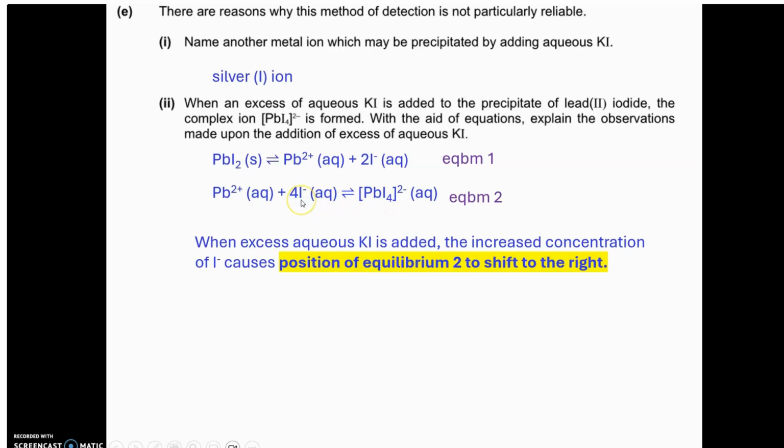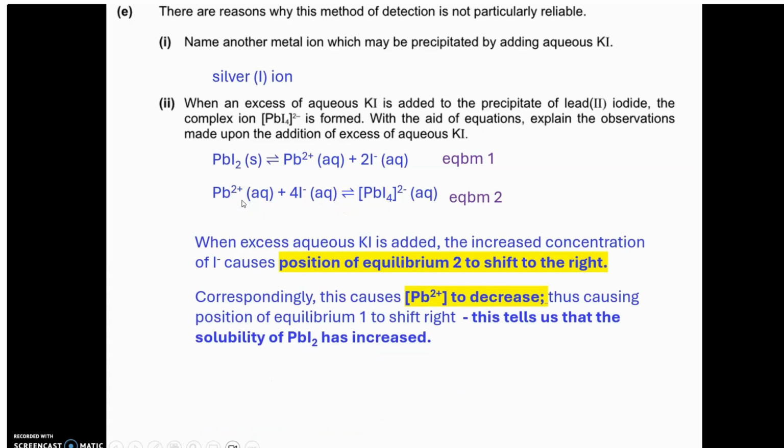And when this position of equilibrium shifts to the right, it leads to the consumption of Pb2+. So the concentration of Pb2+ will also decrease. By Le Chatelier's principle, this decrease in concentration of Pb2+ will shift the position of equilibrium 1 to the right, and this tells us that the solubility of PbI2 has increased.